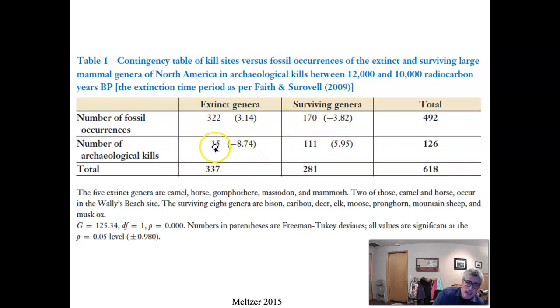Then looking at the ones with archaeological evidence, there are only 15 that are extinct and 117 that are surviving. So of the extinct genera associated with archaeological kills, there's actually a relatively small number in the absolute sense of the number of species that went extinct between 10 and 12,000 years ago.